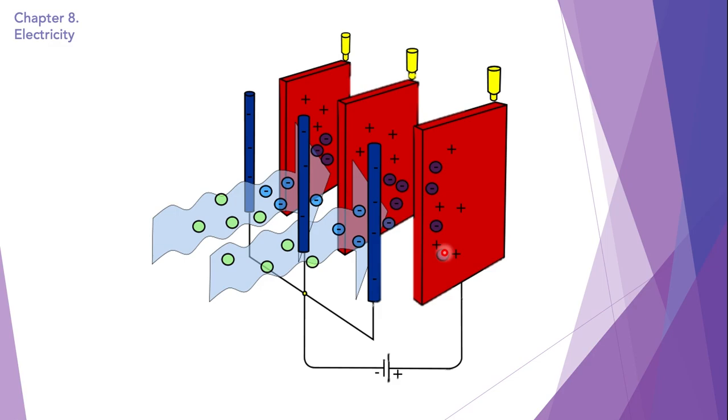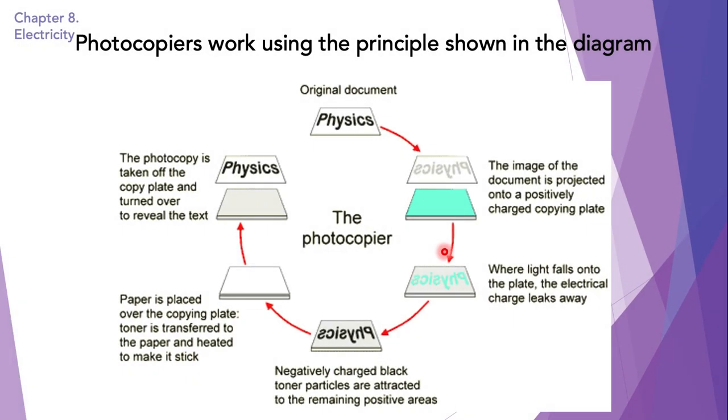The second example of using charge is the photocopier. So this is the process the photocopier goes through. It works using the principle shown in this diagram. Here we have the original document of which we have to make the photocopy. The image of this document is projected onto a positively charged copying plate.